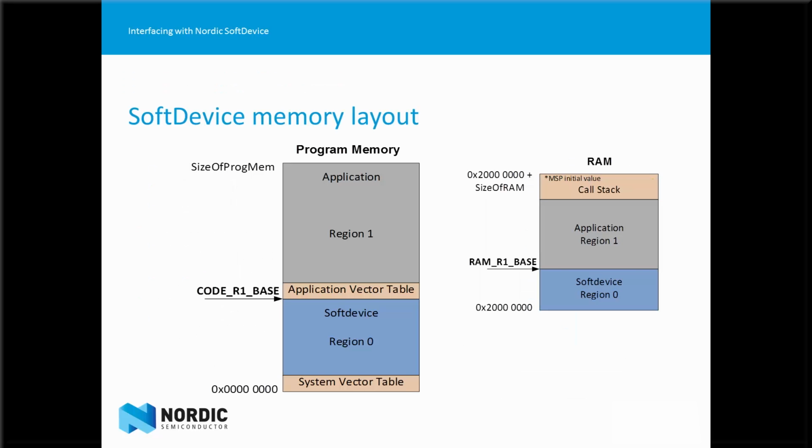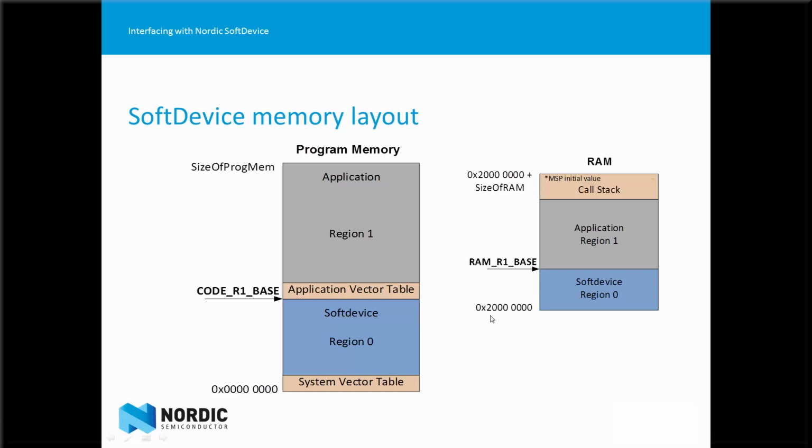Okay, so where is the SoftDevice located? The flash or program memory region 0 goes from address 0 to the address called code R1 base, and you can find the value of this because it depends on which SoftDevice it is. The size of the SoftDevice varies, so you can find this number in the SoftDevice specification.